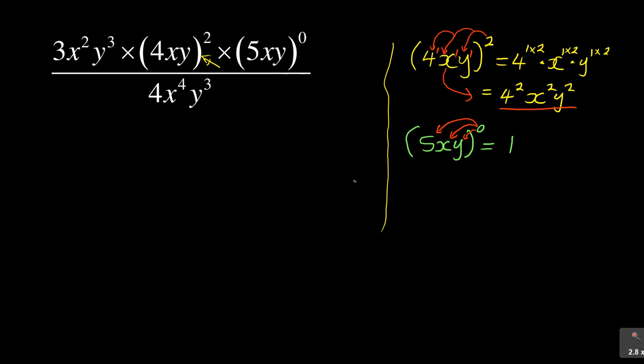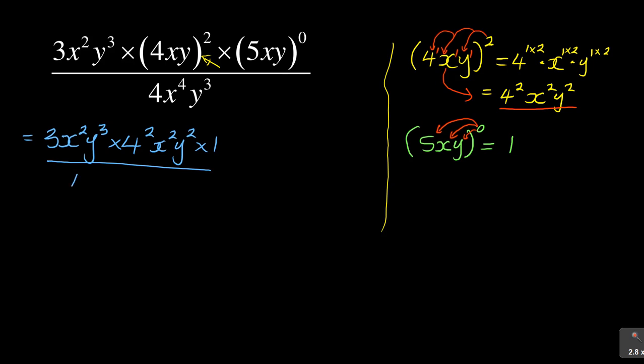Now when you have done that, we can simplify this expression to say what we have here is equal to 3x squared y to the power of 3 times 4 squared x squared y squared times 1, and then all over 4x to the power of 4 y to the power of 3. So this is the first part.